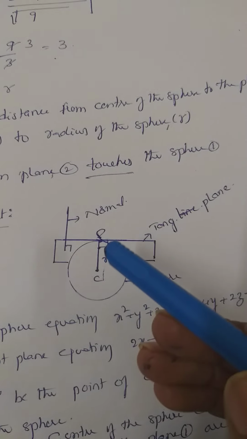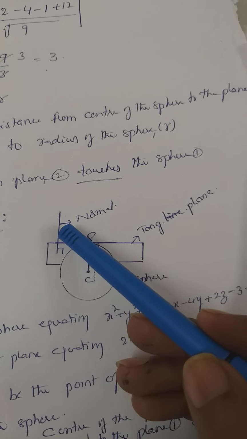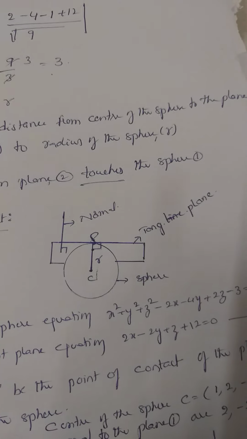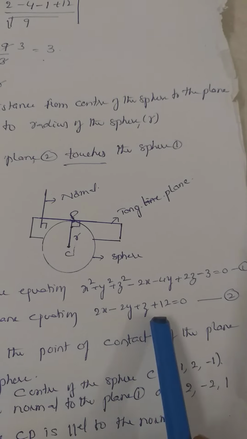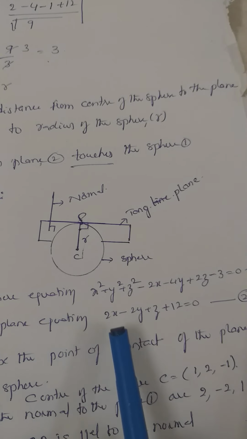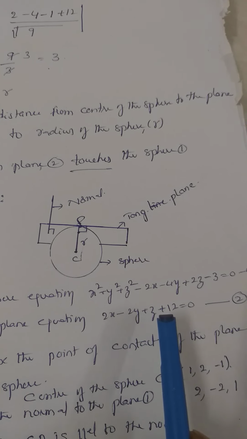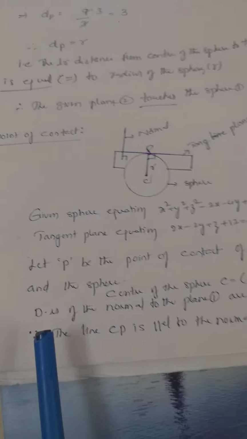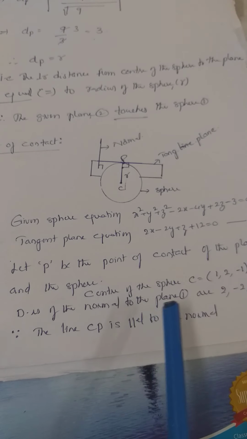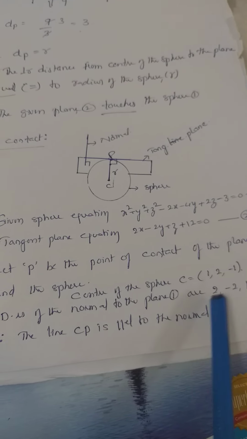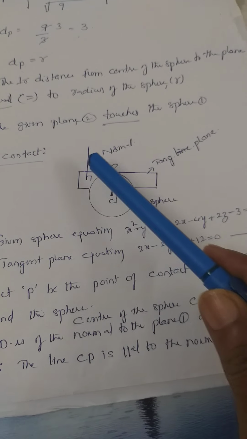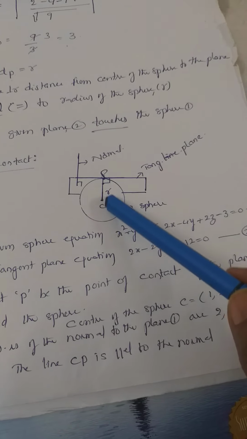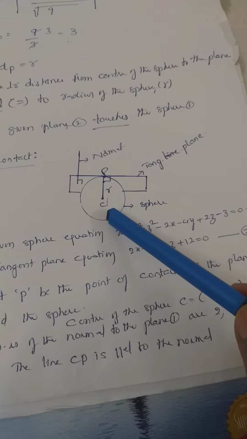To get this line equation, first of all we are finding direction ratios of the normal to the plane. Now what are the direction ratios of the normal to the plane? Simply x coefficient comma y coefficient comma z coefficient. Now we wrote the direction ratios of the normal to the plane 1 are 2 comma minus 2 comma 1. Now again from the figure, this line normal is parallel to the line cp, right?